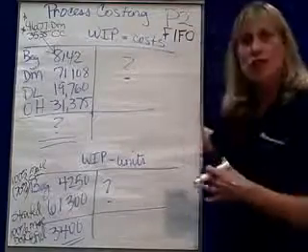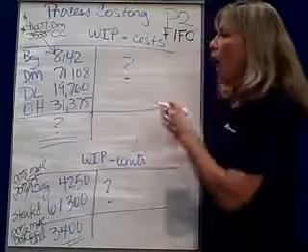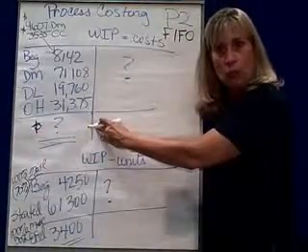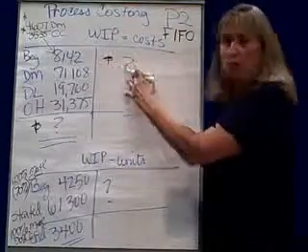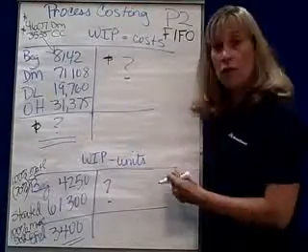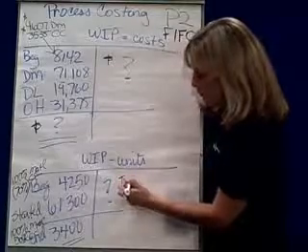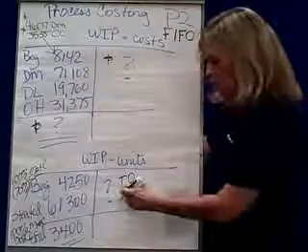Now, your mission, should you choose to accept it, is to figure out how much cost should be assigned to ending work in process, and how much cost should be assigned to the units transferred out of the department. So we're going to need to figure out first how many units transferred out, and I'm going to abbreviate that TO because they go to someplace else, so transferred out.